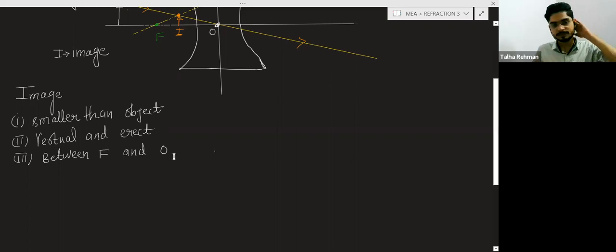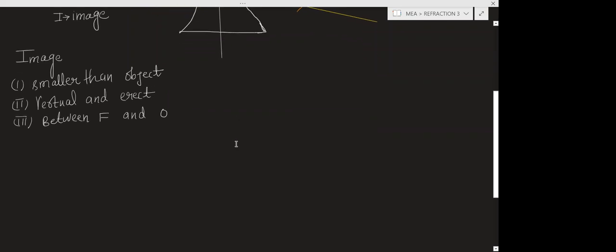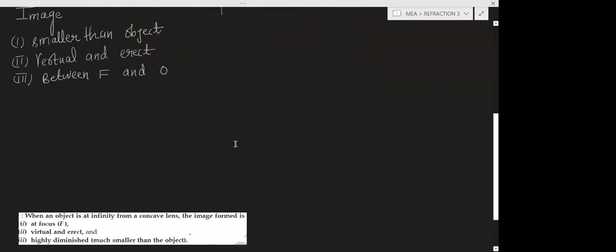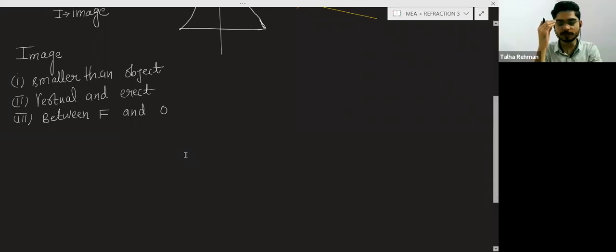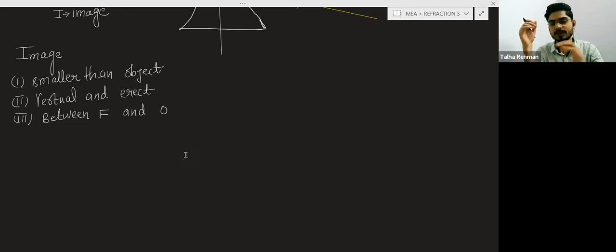So this is the case when your object is placed between the optical center and the infinity, in front of the concave lens. Now we will place the object at infinity and see where the image will be formed, and the nature, position, and the size of the image we will see.